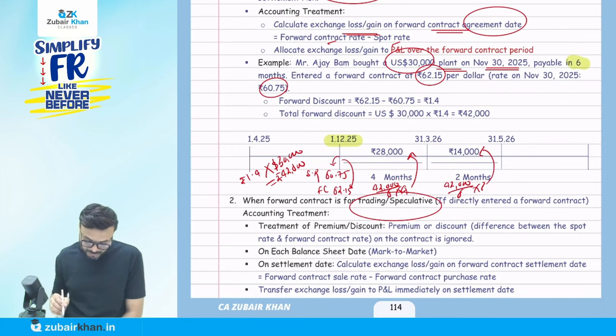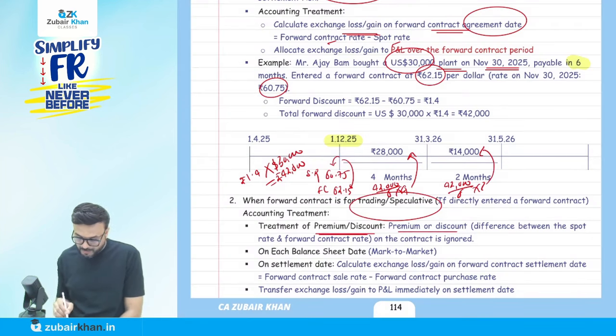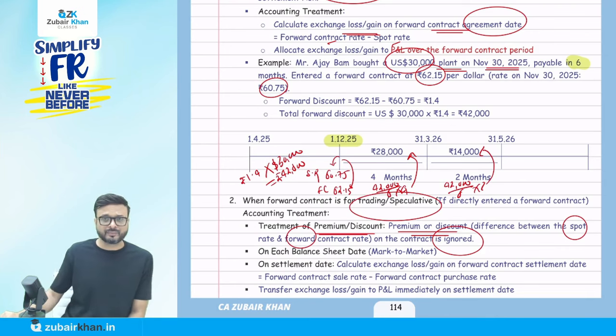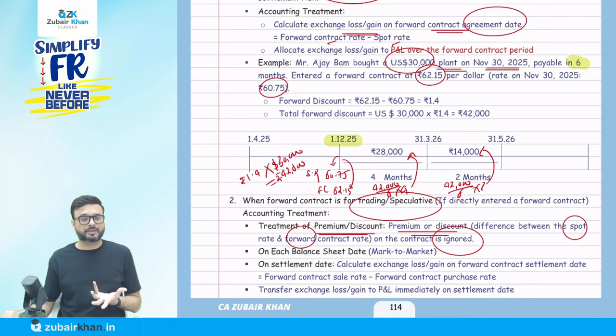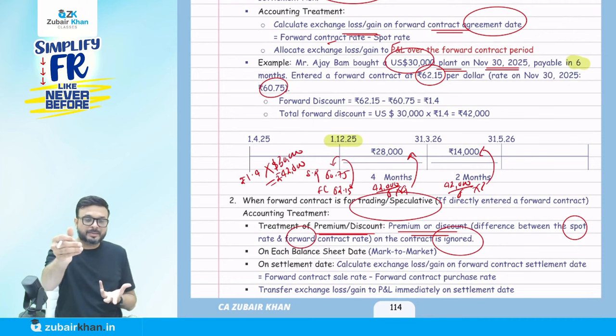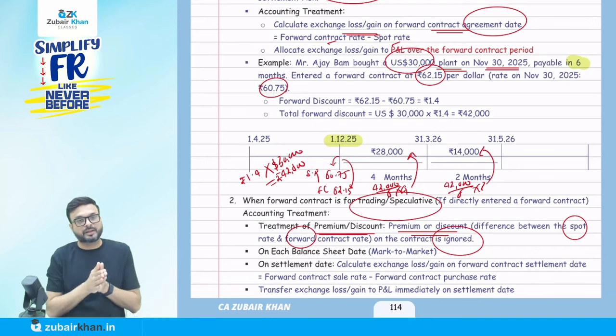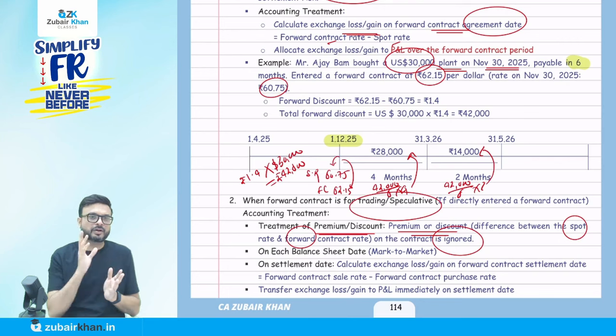So they say the treatment for premium or discount, the difference between the spot rate and the forward rate on the contract, is ignored. Why ignore that? Because today we have the spot rate and we enter the forward rate, but settlement will be done later. Let's take an example: suppose today is 1st of February, and we enter into a contract for 1 month.